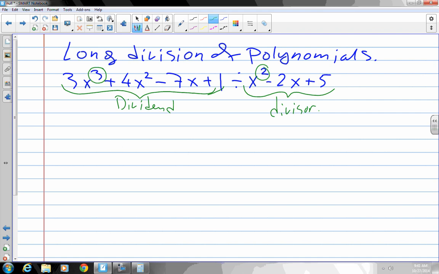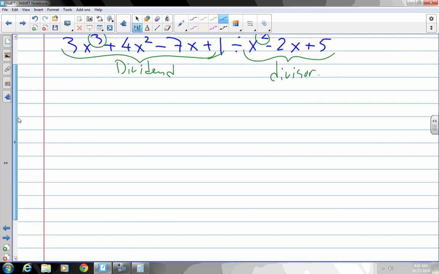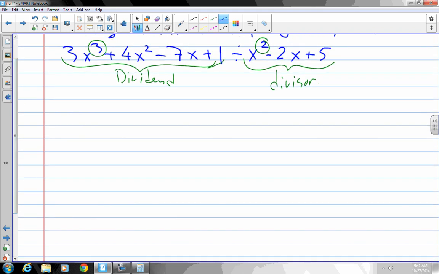But anyways, let's do the division. So we're going to do the same process. We're going to take your divisor, goes here, then the squiggly, then the dividend goes here. And then we're going to do something very similar to what we did with the numbers.